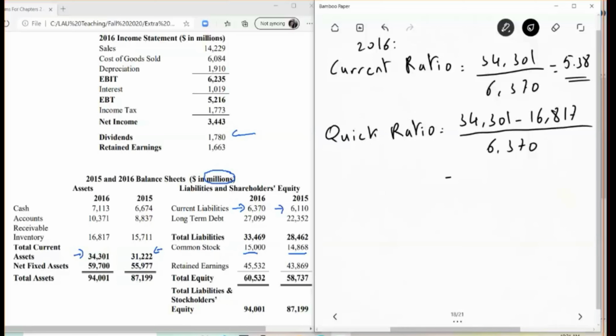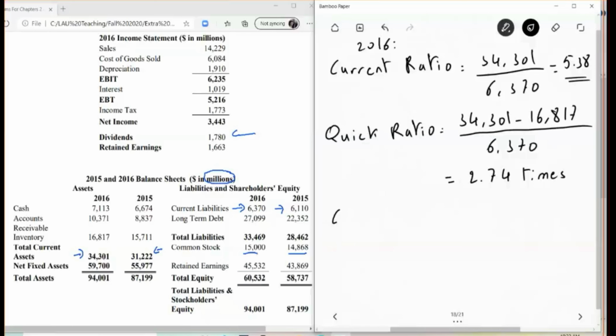The answer is 2.74 times. So even without our inventory, each $1 in short-term obligations is covered by $2.74 in current assets.